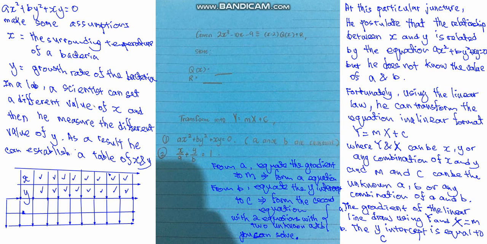Okay? That means he has an input value. Input means the temperature, where he can alter the temperature. The output value is the growth rate, which he measured, which is the effect. Okay, the cause is the x when he changes the temperature. The effect is the different growth rate. So in the lab, when he changed the temperature, the x, he got a different value of y.